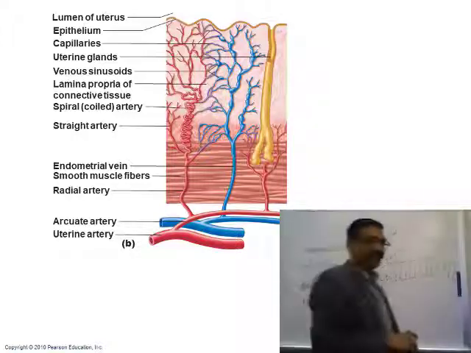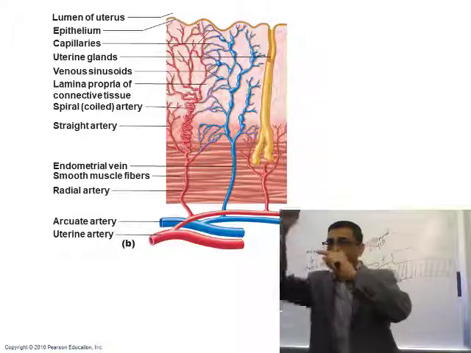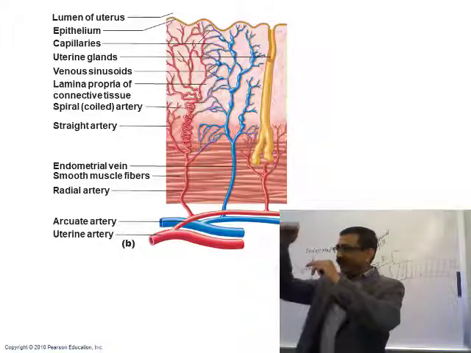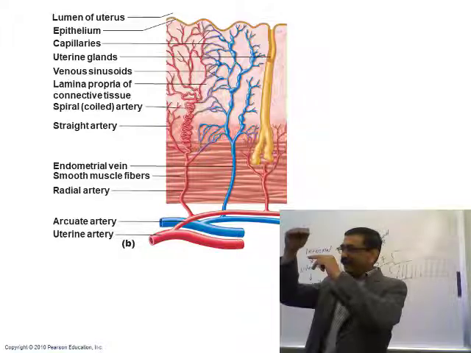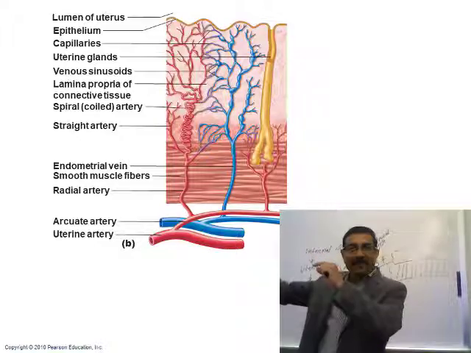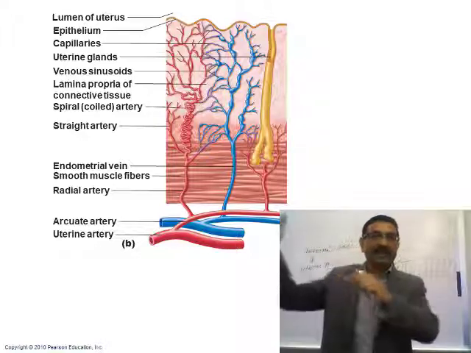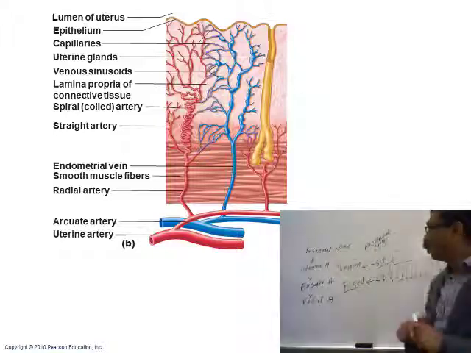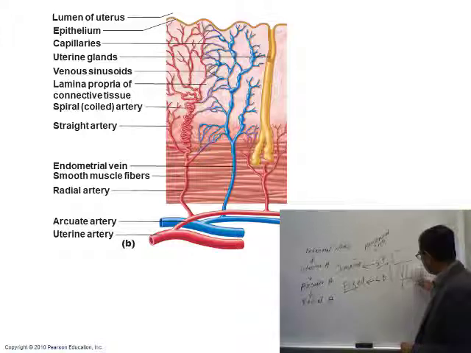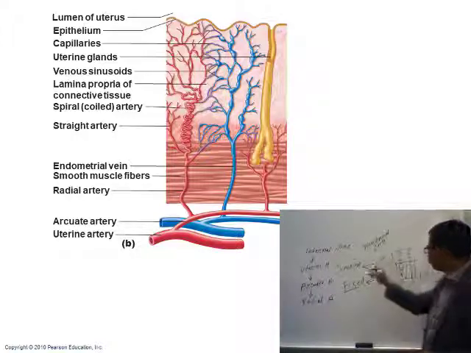You must remember in the kidney, arcuate and cortical radiate, remember that? How many of you remember the arcuate artery inside the kidney? Along the base of the pyramid, right? And the cortical radiate artery, right? So similar, arcuate and radiate. And then from the radiate, two types of arteries are formed. So this is the radiate artery, and from the radiate we see spiral artery and straight artery.